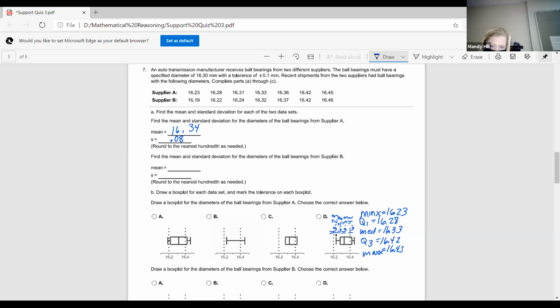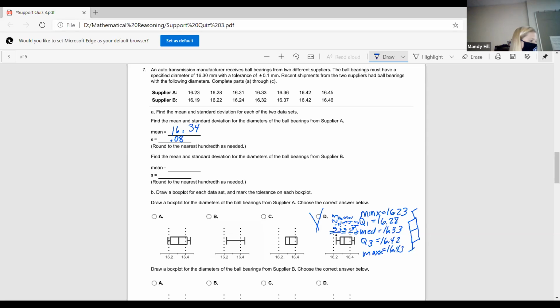And then this would be 16.45. So these are your endpoints. And then these right here make your box. Sorry, that looks crooked, but there's your box and whiskers. That's what it's supposed to look like. And you just turn it over and get these points. So it has to be D. The other ones don't make sense. Okay.